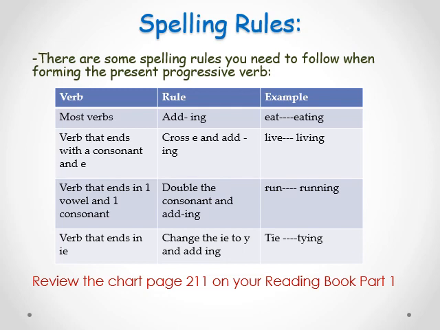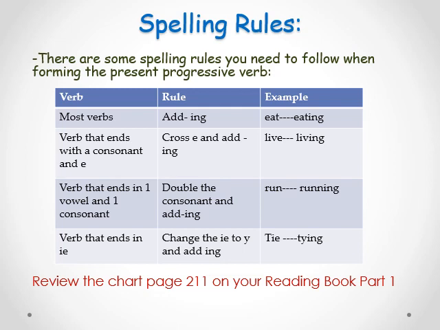Verb that ends in one vowel and one consonant, you double the consonant and you add ing. Example, the verb run. Run, it ends with a vowel u plus a consonant n. When changing it to the present participle form, you have to double the n and you put the ing.